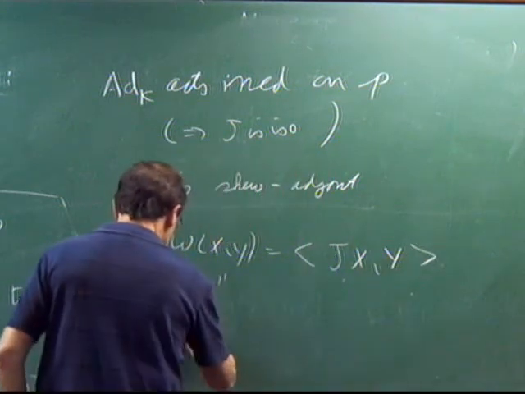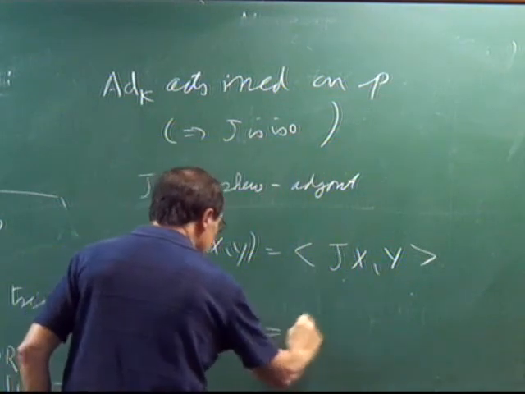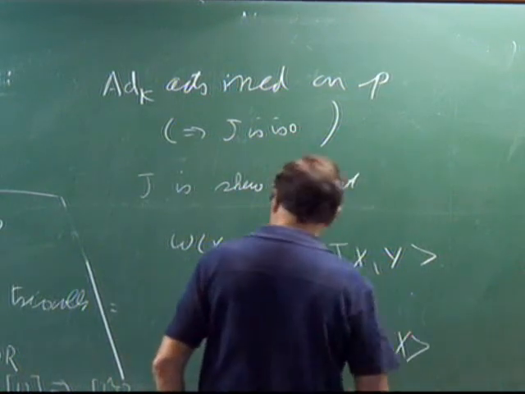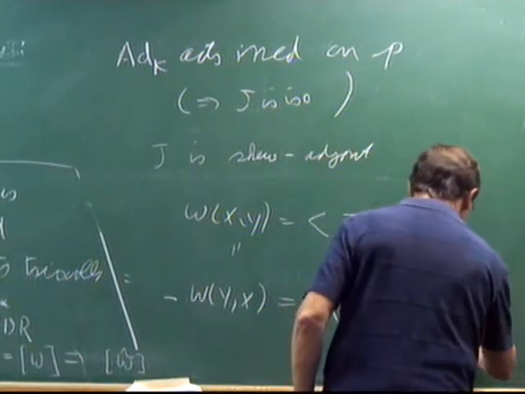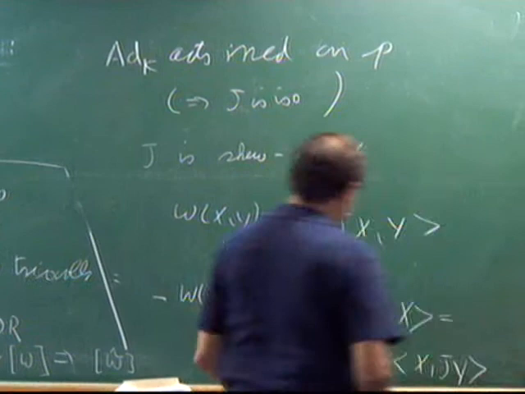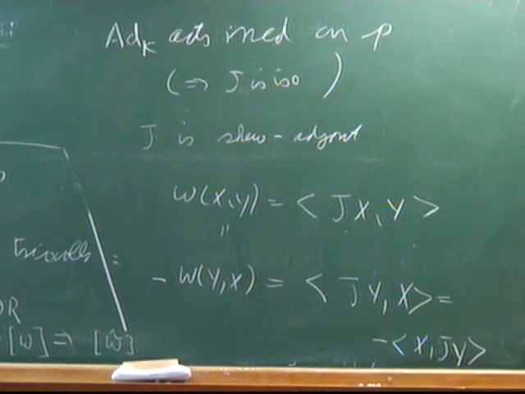That's omega of Y, X. Definition, that's g of JY, X, minus, and that's then minus g of X, JY. So J is a skew symmetric endomorphism. It's not even orthogonal yet. I don't know that either.